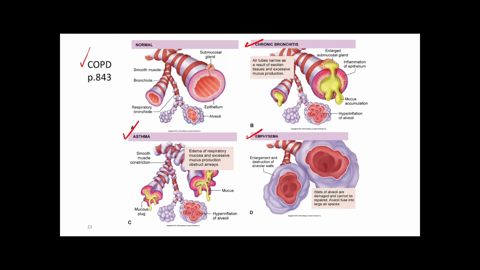In chronic bronchitis, secretions from mucus glands fill the airways, and accumulation of these secretions causes an obstruction in the airway, which produces a hyperinflation of the alveoli.